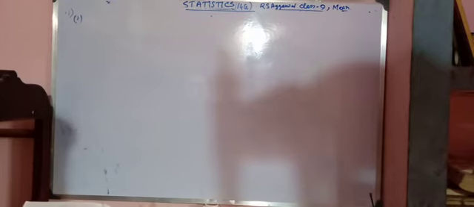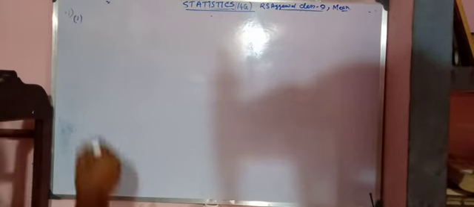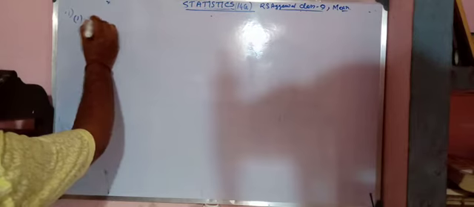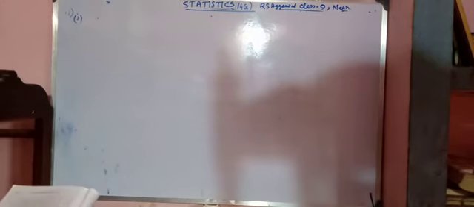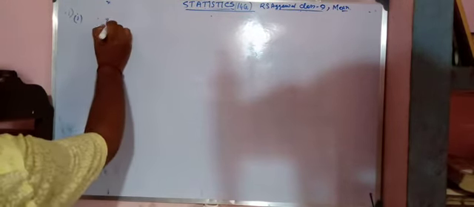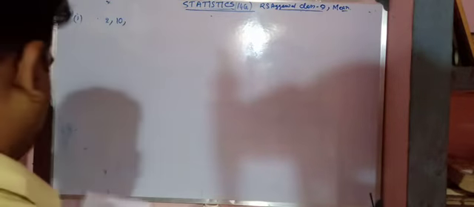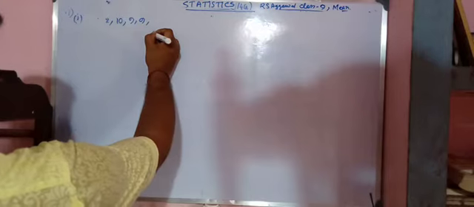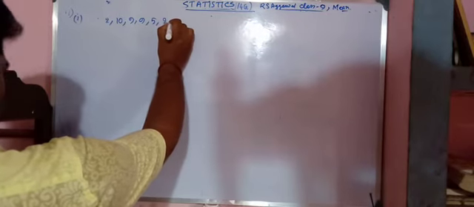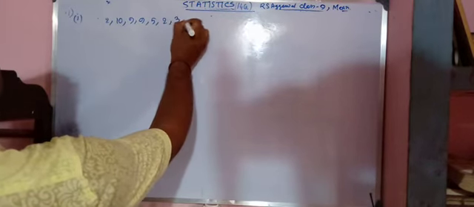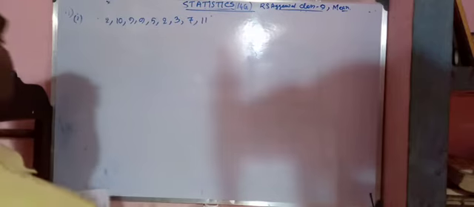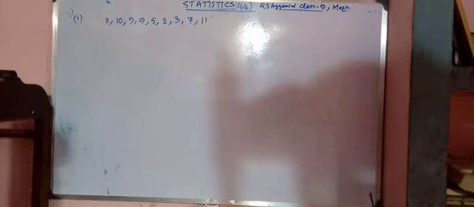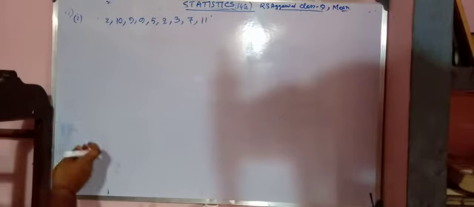Find the median of 2, 10, 9, 9, 5, 2, 3, 7, 11. We have to find the median of this, so for that we have to arrange it in ascending order.